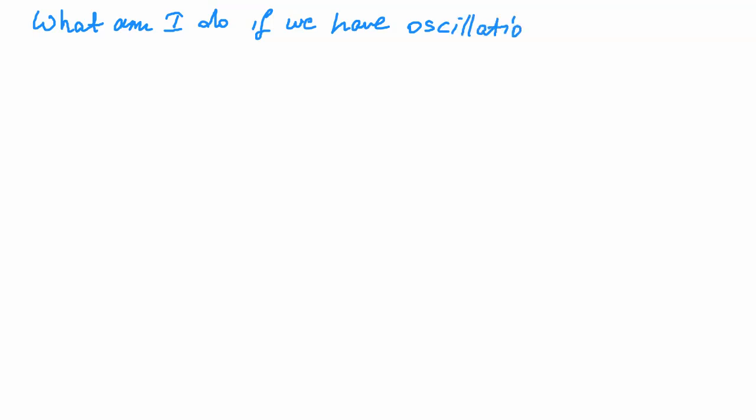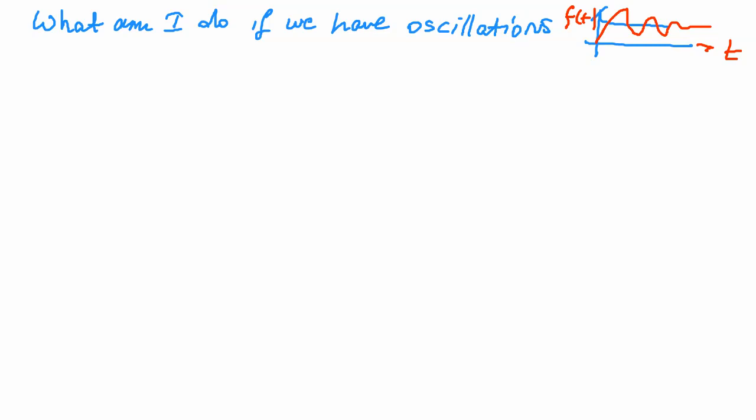Oscillations. If we have oscillations like this one, for a step response, what am I going to do? This is time. This is f(t), any function.